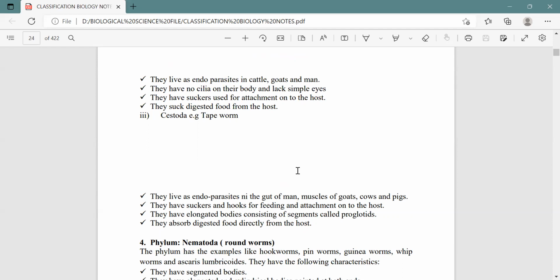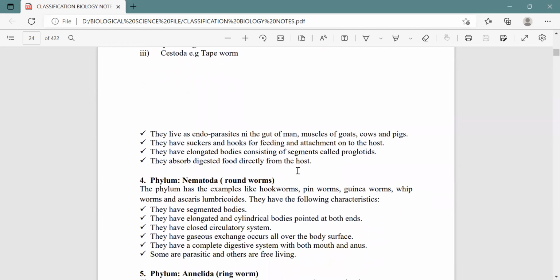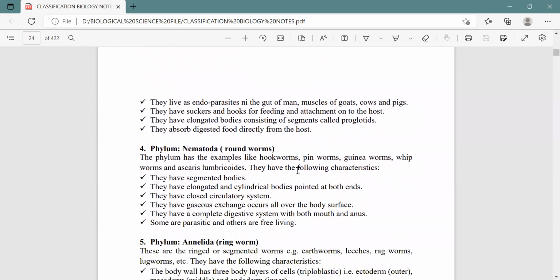Under phylum Nematoda, we have the hookworms, the pinworms, the guinea worms, and others that have those characteristics. I remember I showed you images of these worms, like Ancylostoma duodenale. Ancylostoma duodenale, the hookworm, is a roundworm.